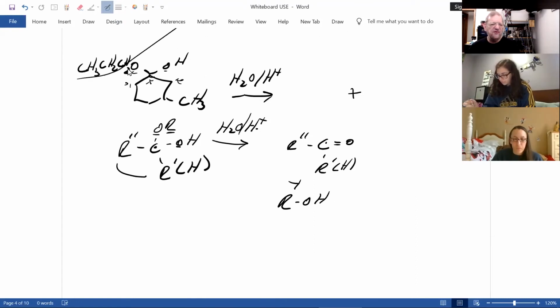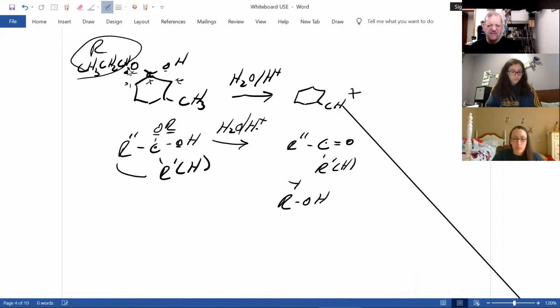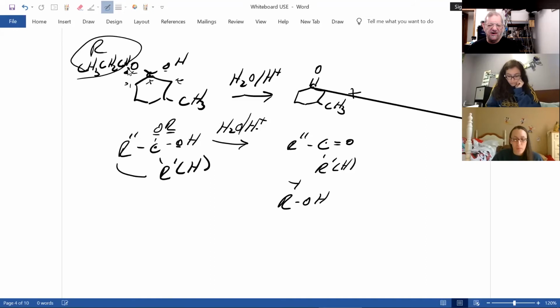So if we look here, this is R. Here's my carbon with the hydroxyl group. I'm going to draw that and what's attached to it becomes this ketone, because this is the carbon that was right there. And then what's my R group on my alcohol?